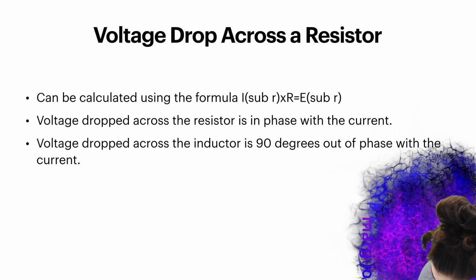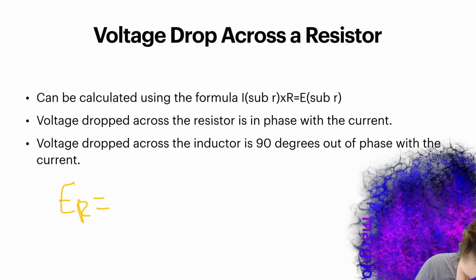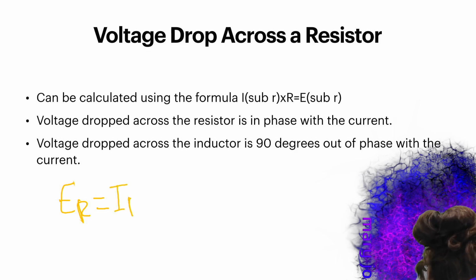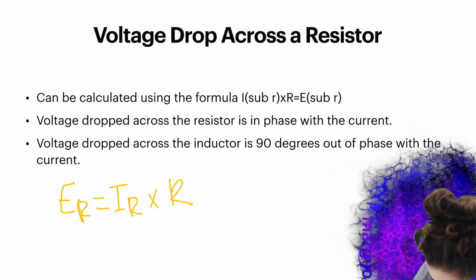So we can use this formula right here to find the voltage drop across the resistor. So you would just use the voltage of that resistor, the current of that resistor, times the resistance.